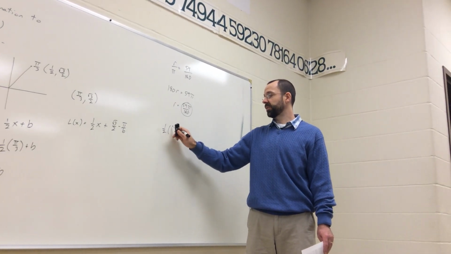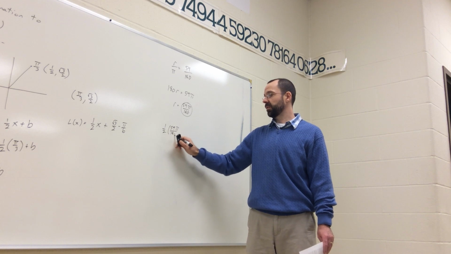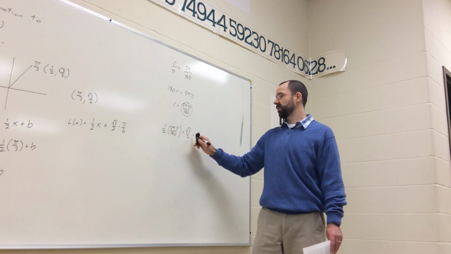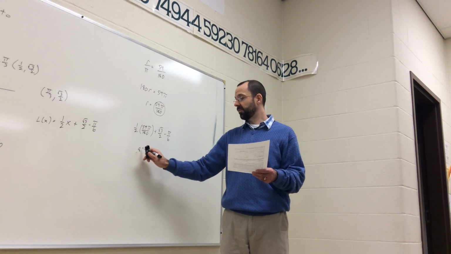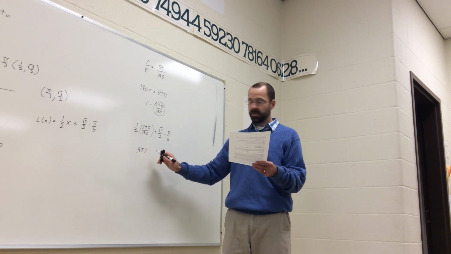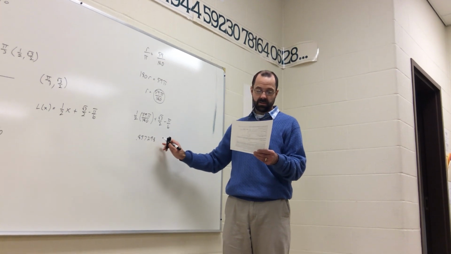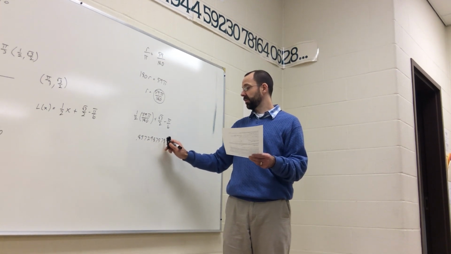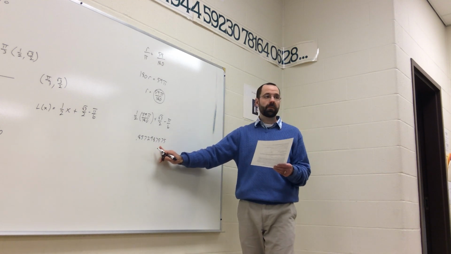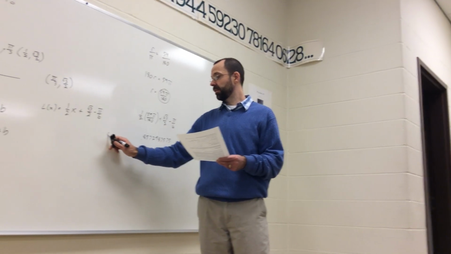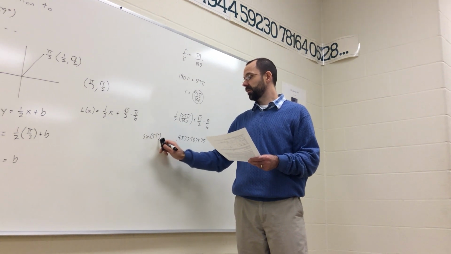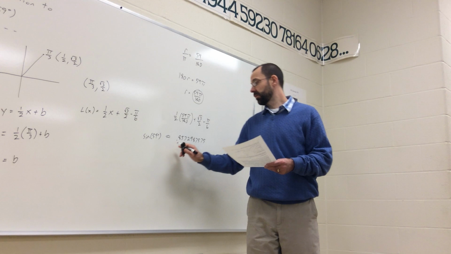So 1/2 times 59 pi over 180 plus root 3 over 2 minus pi over 6 comes out to 0.857298 7575. So that means that the sine of 59 degrees is about that number.